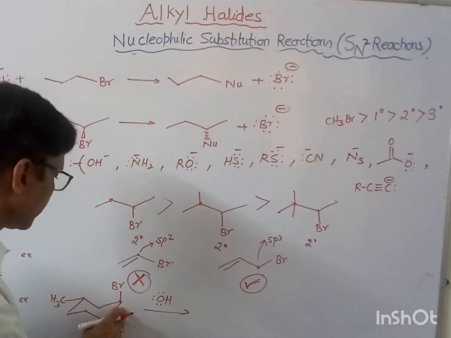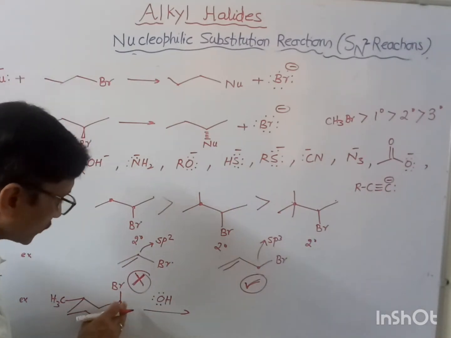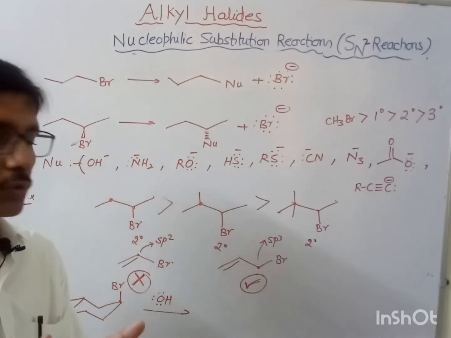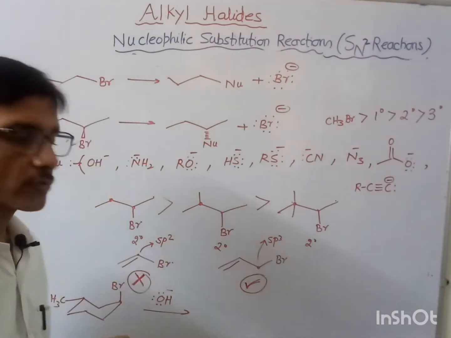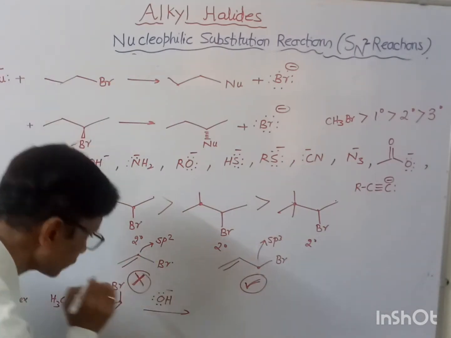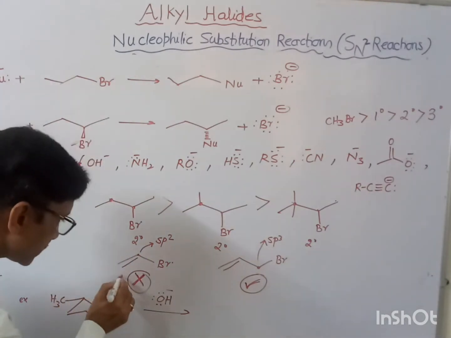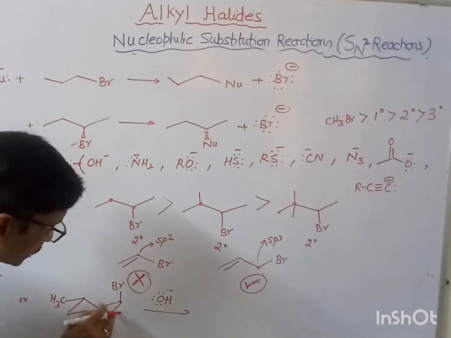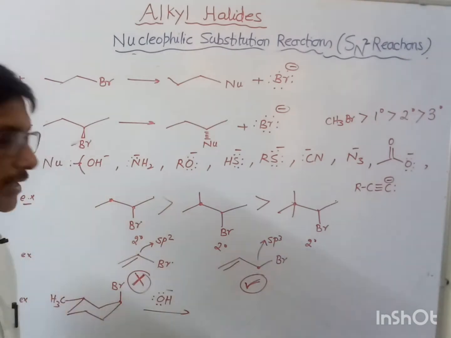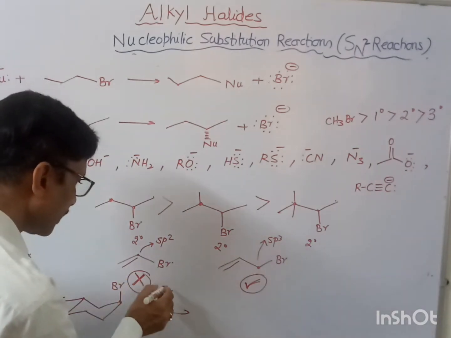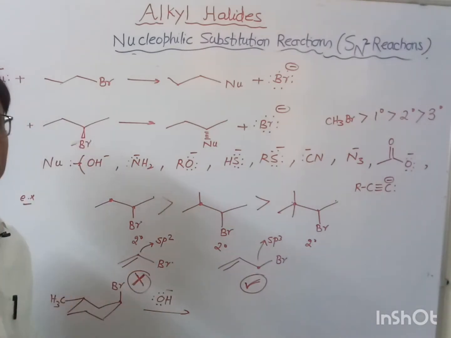This may be substituted. But what will happen? As I have told you, the hydroxide ion will always attack from the back side. It will not attack from the axial side. This one is the axial side of the cyclohexane, and this is the equatorial side. So the nucleophile will never attack at the same axial side.